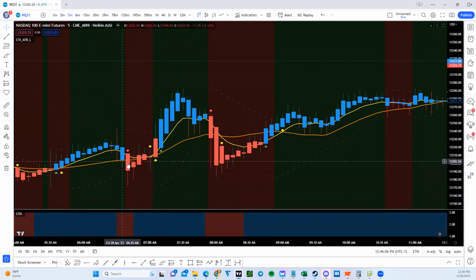We see here that when this signal fired for a down signal, we had this oscillator in red here. And you'll see that the oscillator actually turned red before the signal fired, giving us an early indication of a potential change in market sentiment.